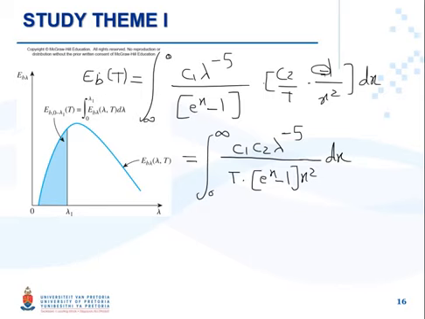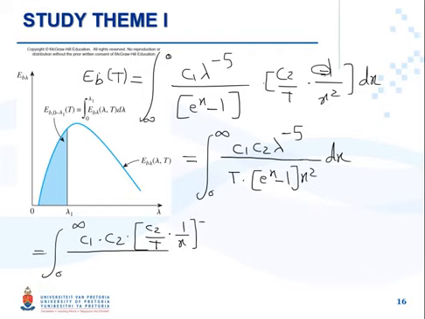Okay, so let me substitute the lambda as well, so it will be equal to the integral from 0 to infinity of C1 C2 to the power of minus 5. We are just substituting T over e^x minus 1 x^2 dx.